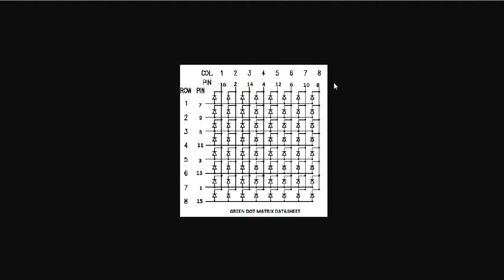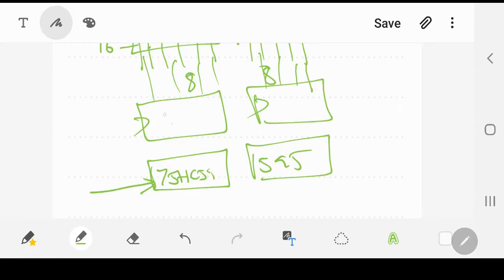Here you give serial data in like this, and this is that ULN IC, this is that ULN IC, and from this the data will go out serially, and from here 8 bits of data will be available out over here.